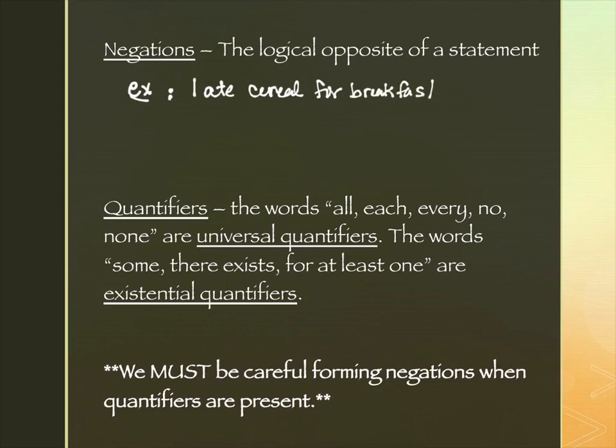This statement is pretty straightforward on how we would create the negation. What would be the negation or the logical opposite of the statement, I ate cereal for breakfast? I did not eat cereal for breakfast. Yeah, absolutely. So we see that word not showing up.